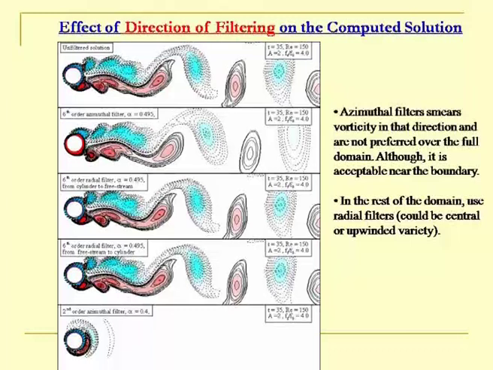And what we need to look at is what we get if we do a filtering in different directions. For example, this one here we have used an azimuthal filter. So, basically the filtering is done only in the theta direction, and you can see there is some effect on the solutions.